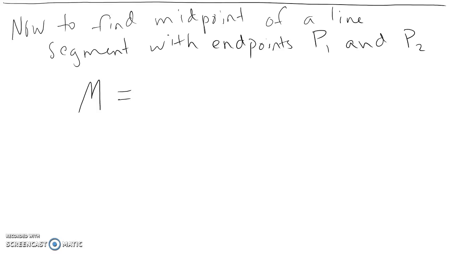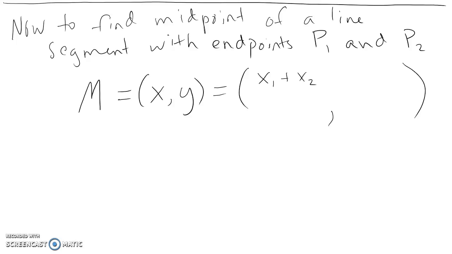M for midpoint. Since the midpoint is a point, it's going to have x and y coordinates. We'll call them x and y. And so the x coordinate of the midpoint will be equal to x1 plus x2 divided by 2. And the y coordinate of the midpoint will be y1 plus y2 divided by 2.